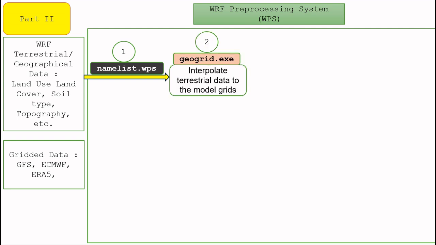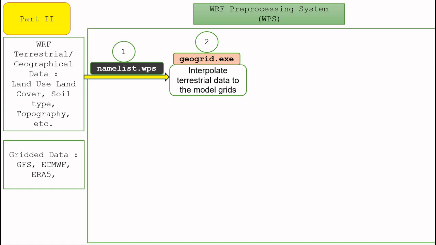The second step in WPS is to run geogrid.exe. It reads model domain information from namelist.wps and interpolates the static geographical input data to the user-defined model grid domain.